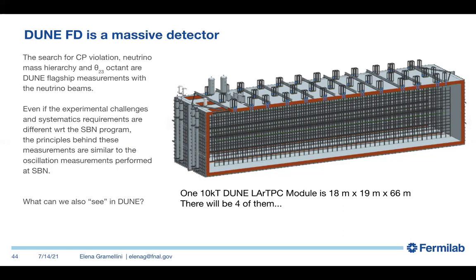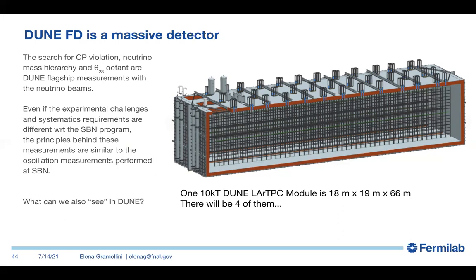I did this on purpose because the experimental challenges and the systematics are pretty different. Technically, your massive detector has different challenges with respect to the short baseline neutrino program, and your systematics need to be constrained more.